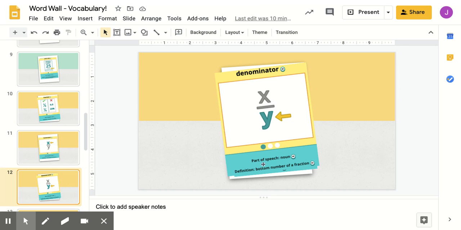Here we have the denominator. This is the opposite of a numerator. This is defined as the bottom number of a fraction. So here we have a fraction, and this y is in the bottom of this fraction. It's below the x. And this y is the denominator because it's in the bottom of a fraction.